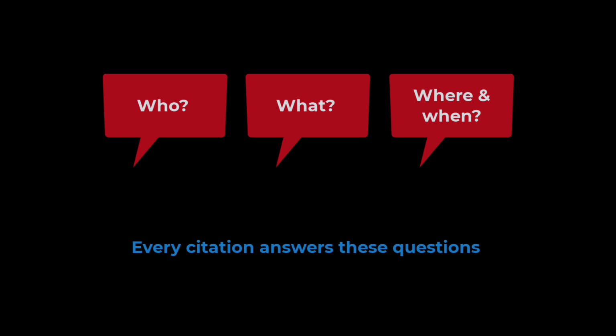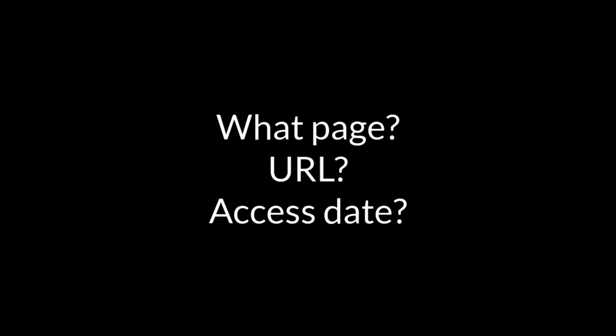That's your publication info: city, publisher, year, journal volume, and issue. What page? If you're using a footnote, you'll need to include the specific page number that you're referring to. URL. If it's online, include the web address. You don't need to include the access date anymore.